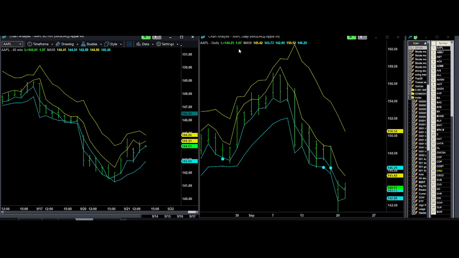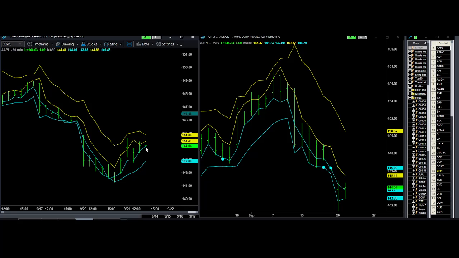For example, this is a daily chart, and you see this daily chart is very close to this blue trend line. Right now this is for each short period of time, so the initial momentum, the initial state, is very important.